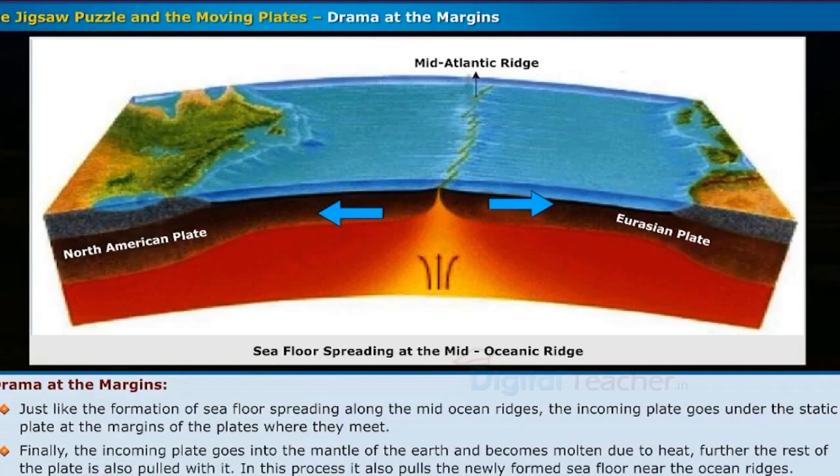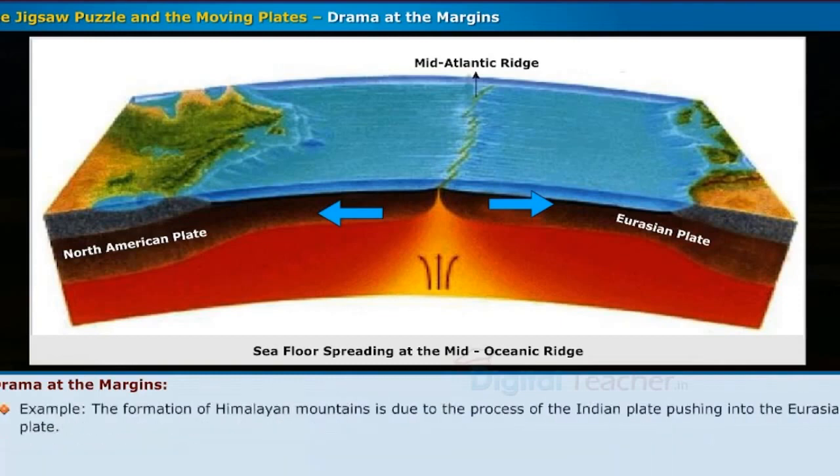Further, the rest of the plate is also pulled with it. In this process, it also pulls the newly formed seafloor near the ocean ridges. Example, the formation of Himalayan mountains is due to the process of the Indian plate pushing into the Eurasian plate.